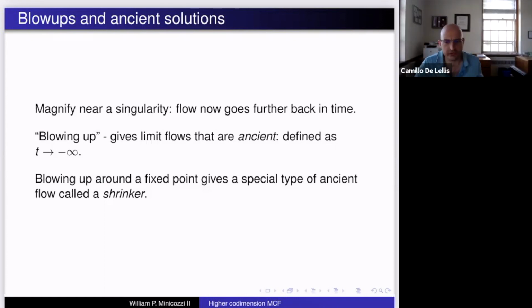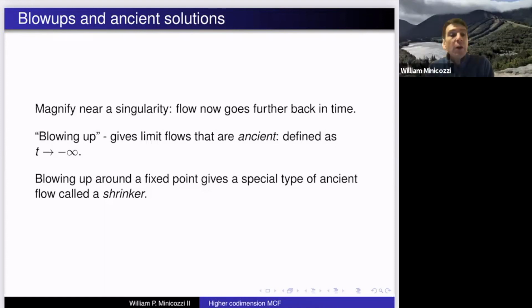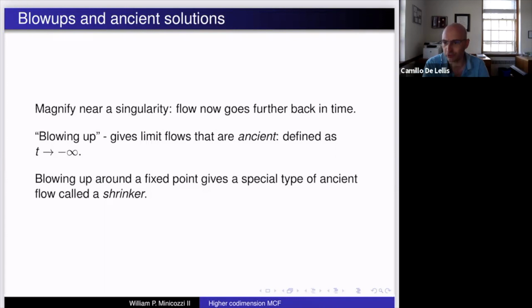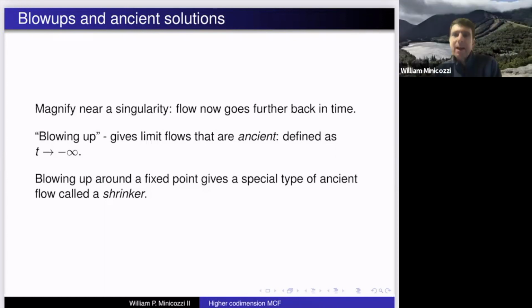Sorry, Bill. So when you say that's a shrinker, it's because that's where you're using the Huisken monotonicity formula to say that? Yeah, exactly. You get an ancient solution regardless. Regardless, right? But the monotonicity formula is what is giving you this shrinker. Exactly. And just like for the minimal case, there's a monotonicity formula. This way, it's a formula of Gerhardt-Huisken.